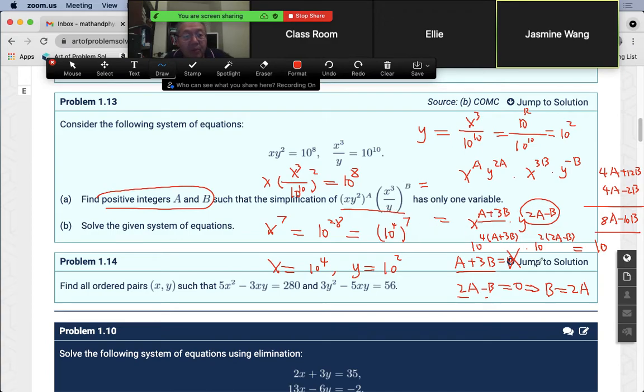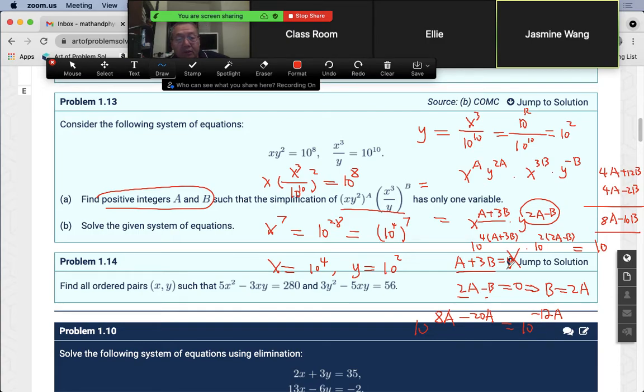After we simplify this, we can get b equals 2a. So that will be 8a minus 20a. So then you got 10 power negative 12a. Okay, you got this. We already got b should equal twice of a.